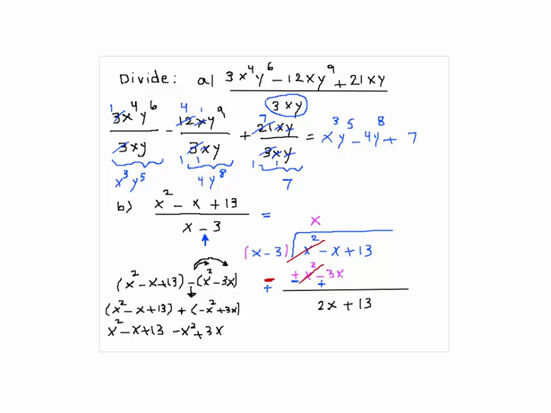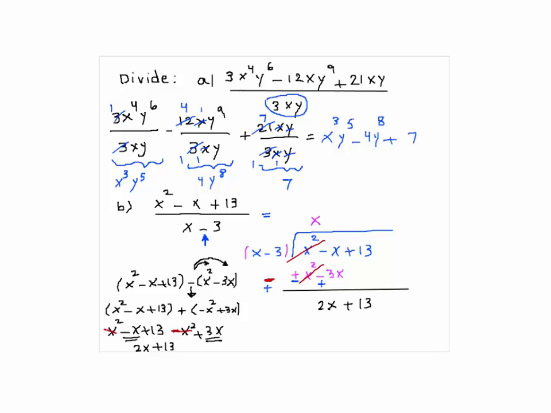So in this case, we get 3x minus 1x gives you 2x plus 13. As you see, these two reduce to 0. Plus x squared minus x squared will add up to 0.